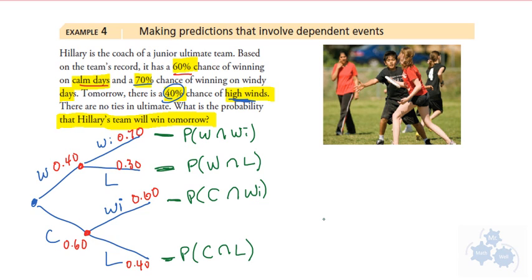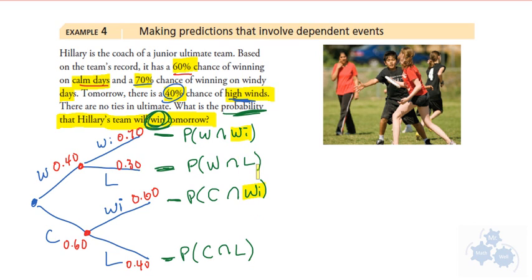So you fill out the tree diagram, and the question says, what's the probability that Hillary's team will win? Which one of these probabilities have wins in them? Well, there's a win, and there's a win.